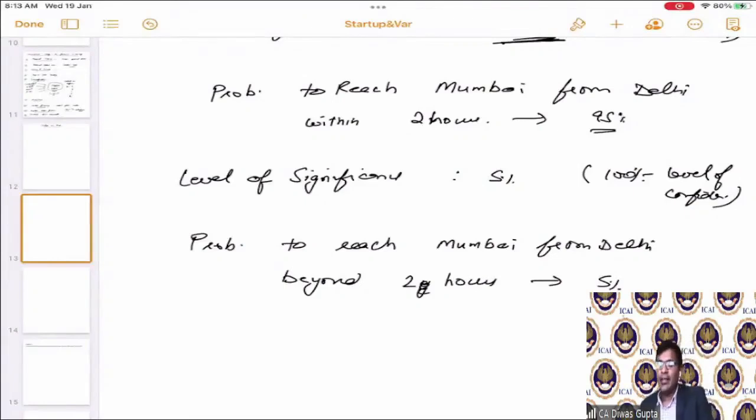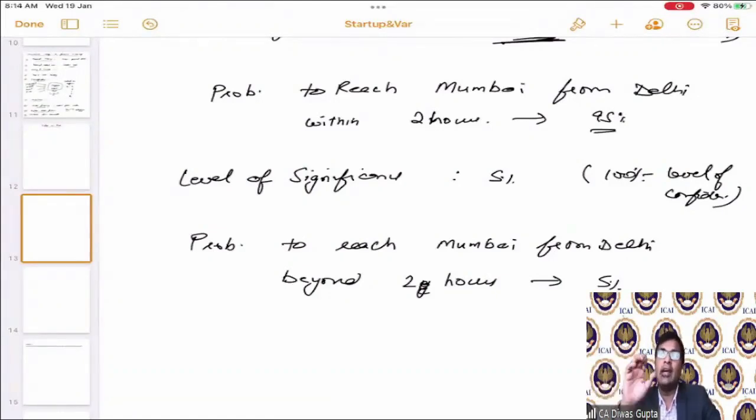If I say there is a 95% chance that I will reach within 2 hours, can I say that there is a 5% chance that I will reach after 2 hours, that means beyond 2 hours? Both statements are the same, just a different way of presentation. I am saying that I have a confidence of 95% that I will reach from Delhi to Mumbai within 2 hours.